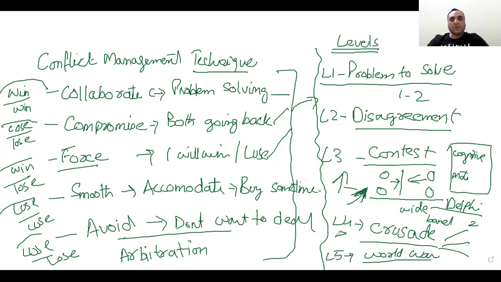In crusade, maybe you can threaten them by punishing. But world war will only finish when someone wins. And if you want to win, then you have to use project management power, which is what? Force, right? You will use force power, you will throw them out, you will replace those resources.